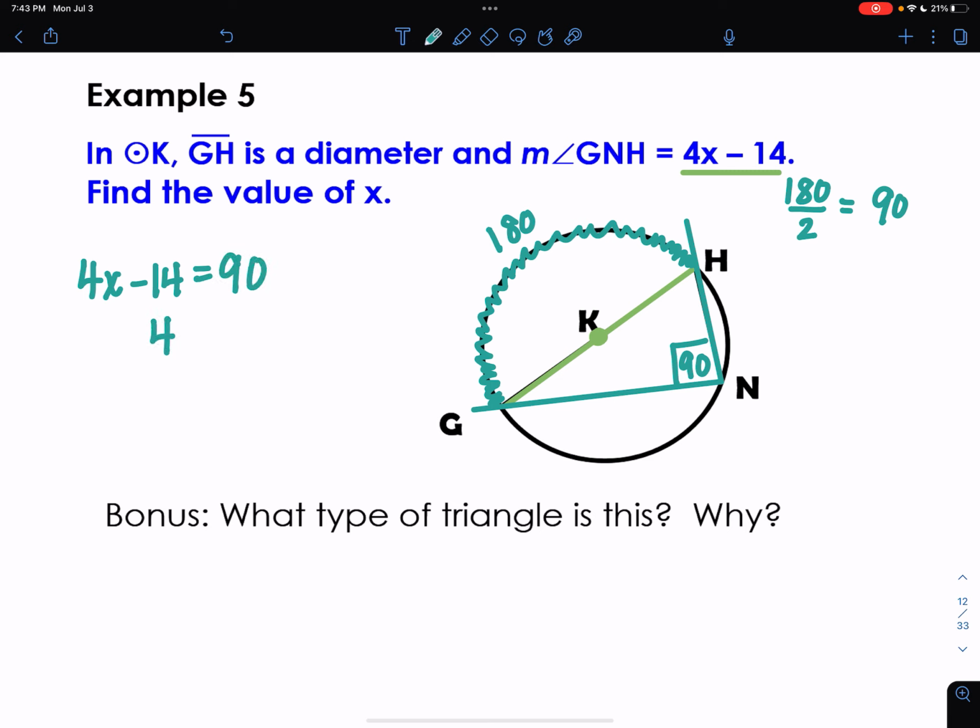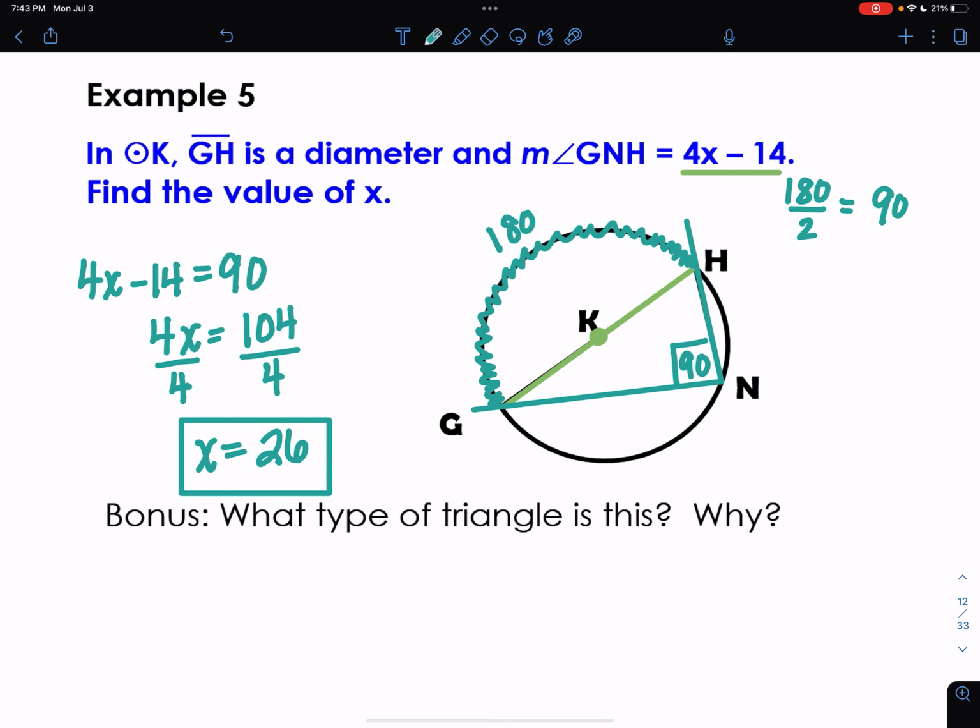So that gives us 4x equals 104, right? Dividing both sides by 4, we get x equals 26, right? So if you have the diameter as a side length of a triangle in your circle, you know it's going to be a right triangle.